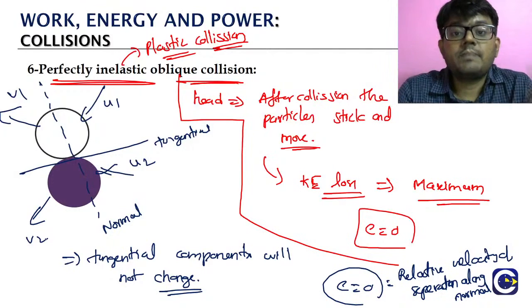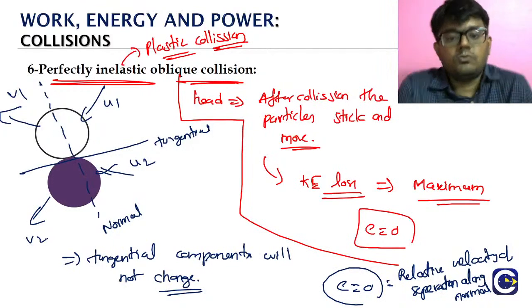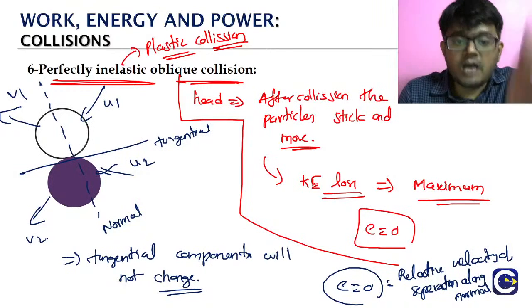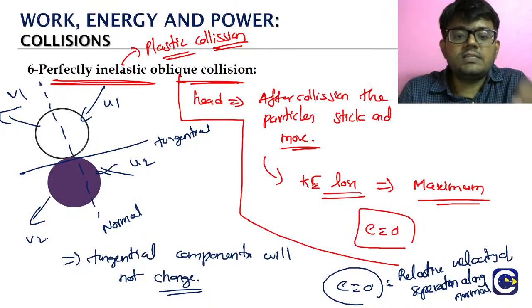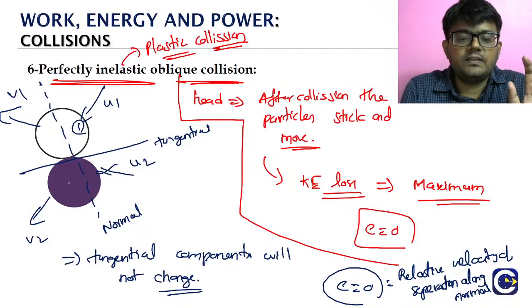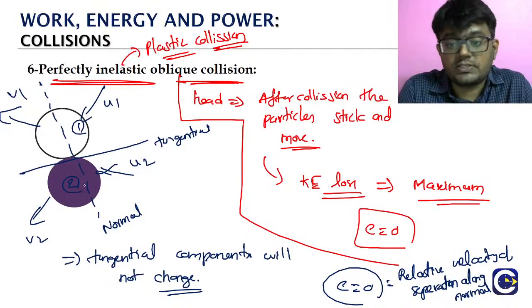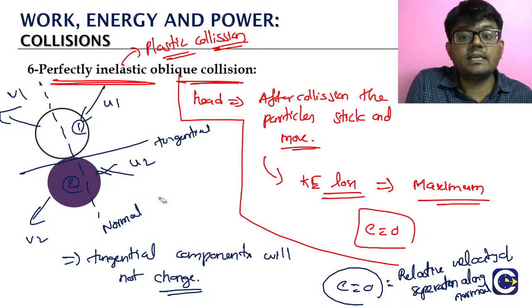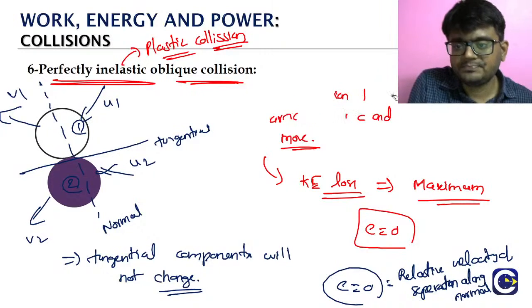The relative velocity of separation along the normal direction will be what? 0. ஓகேவா? Means in the normal direction la whatever is the first object ஓட velocity, right, will be equal to the second object velocity. Okay, so paarunga we will write these conclusion points, and this is an important area for the theoretical questions.